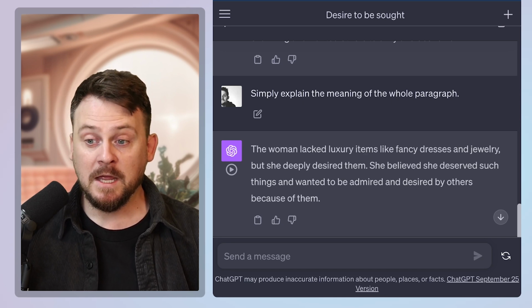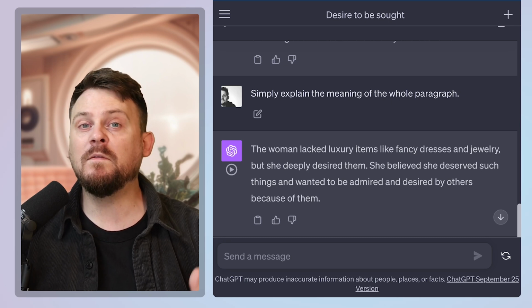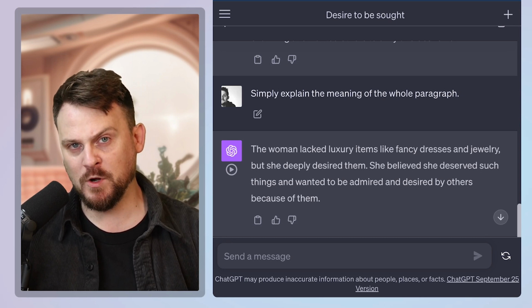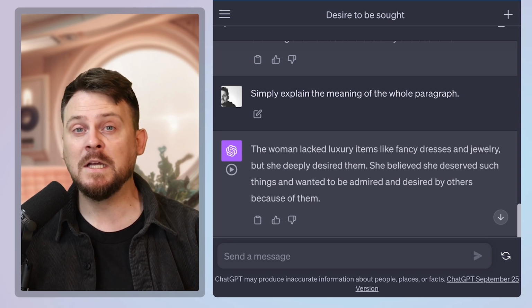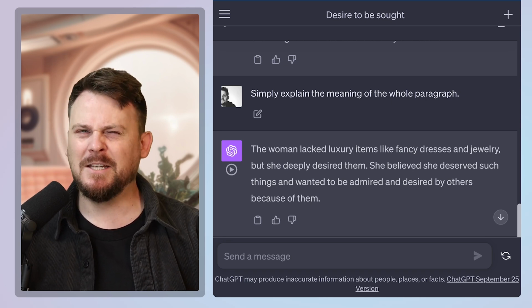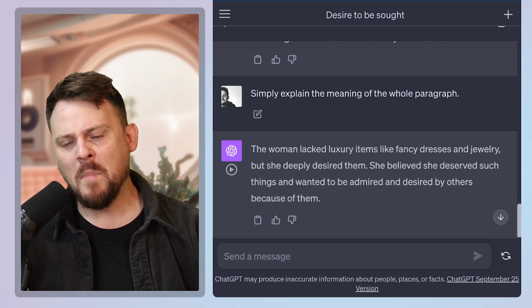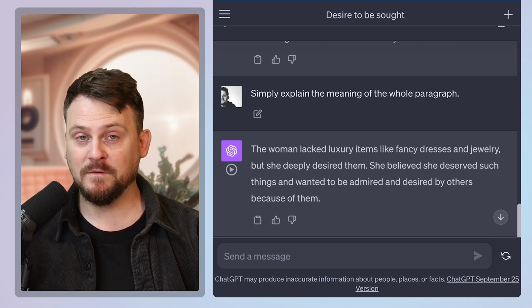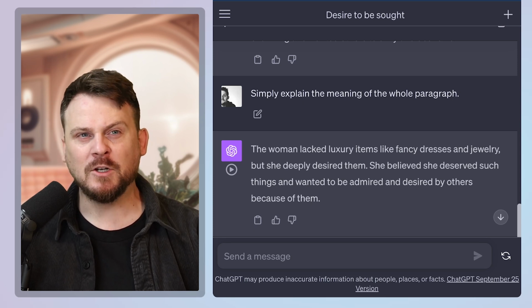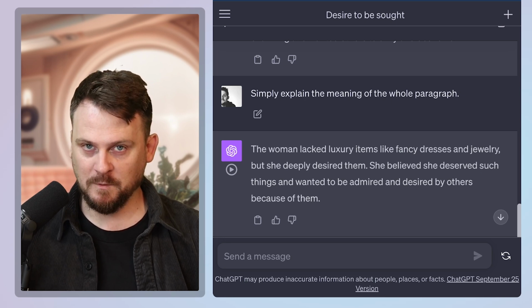Okay. Now, we might go a little bit further with our output when we're reading this. Whatever it is, again, we could be talking about an article, a novel, dense philosophy, right? We might want to have a discussion with ChatGPT about the text and actually try to pick ChatGPT's brain a little bit.